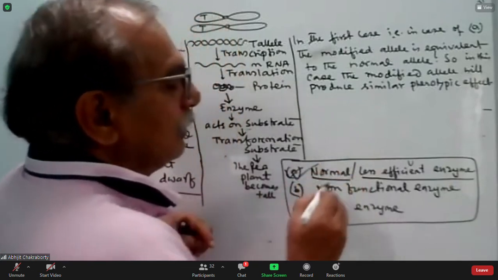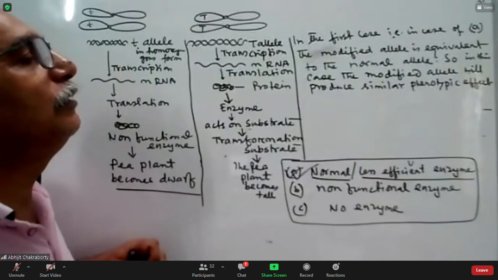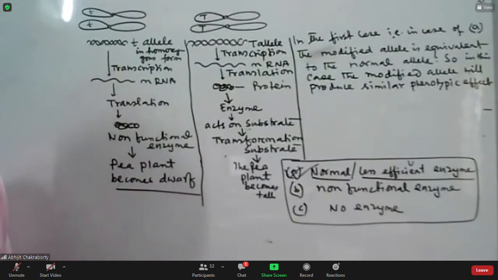I'm talking about this one. As it is a normal and less efficient enzyme, it is equivalent to the normal allele.